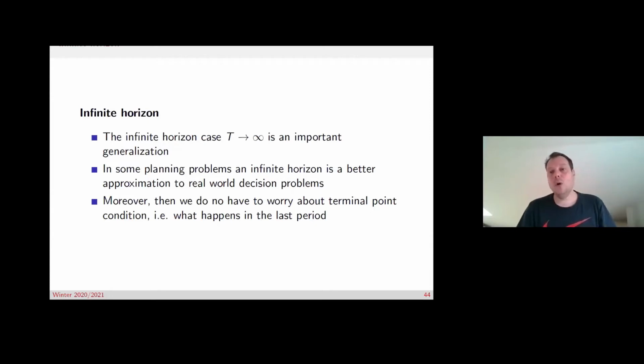This is one problem, and the second problem concerns the objective function, because you somehow want to make sure that at the beginning of your planning horizon, at some point in time where you are thinking about the optimal control path that you want to implement, this sum of all the contemporaneous utilities that you would receive converges to something.